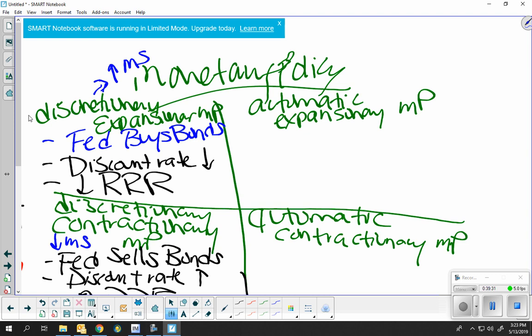Expansionary automatic monetary policy does not increase money supply, it is caused by a decrease in money demand, while contractionary is caused by an increase in money demand.